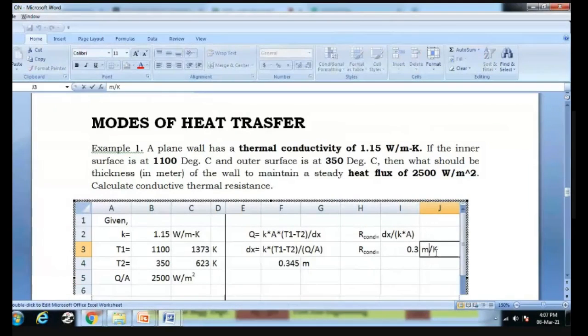Watt. We'll check the unit first. Here it is watt on the denominator side, watt meter Kelvin. Then you have area also. So you have watt meter Kelvin. Kelvin per watt, sir. You have watt, and then Kelvin is going up, and here it is Kelvin meter. Meter gets cancelled. Okay, this is your unit. Kelvin per watt.